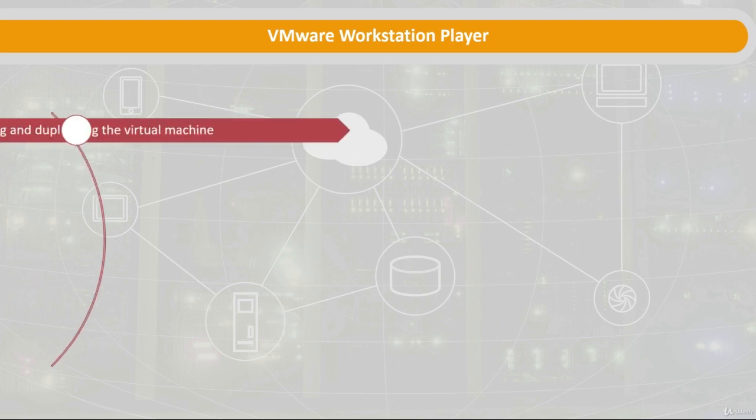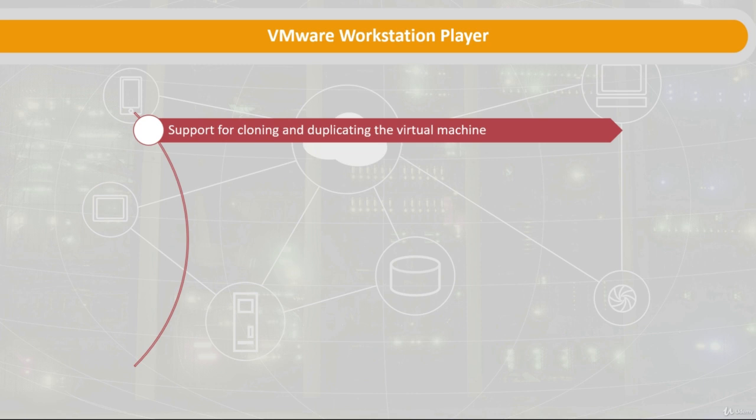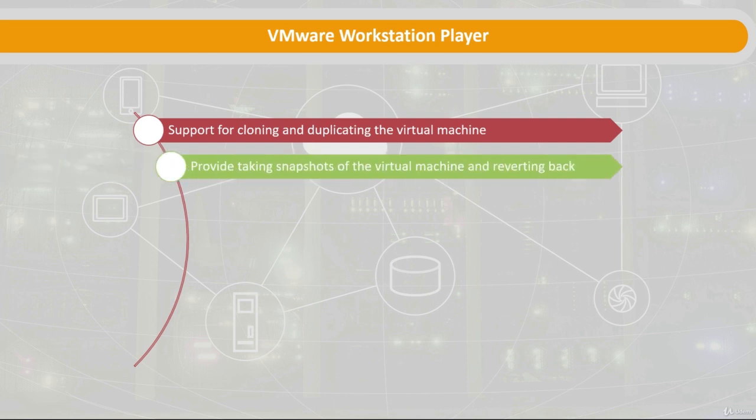They mostly support cloning a virtual machine, and you can duplicate a VM as well. And most of them provide taking snapshots of the VM so that you can revert back to a clean state just in case you mess up your machine.